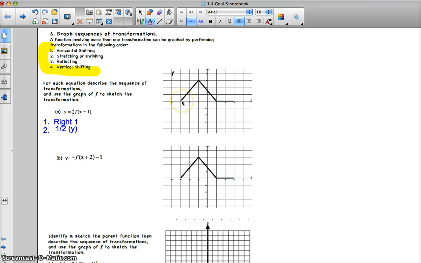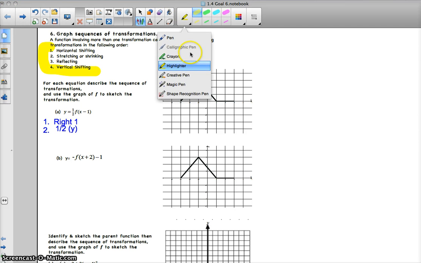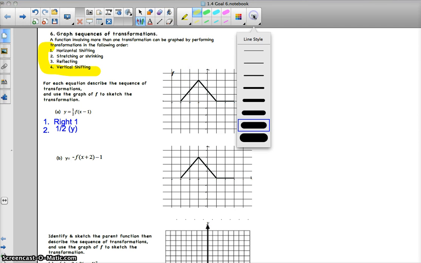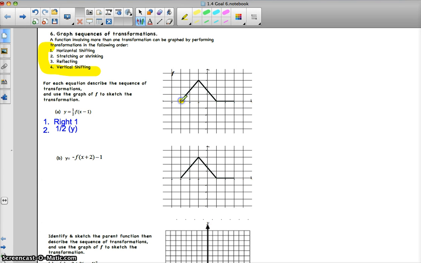So I'm going to come over to my function that's been drawn here for us, and I am going to highlight the points. I'm going to highlight the beginning, the first point. I'm going to highlight the final point, and I'm going to highlight every time a direction changes.